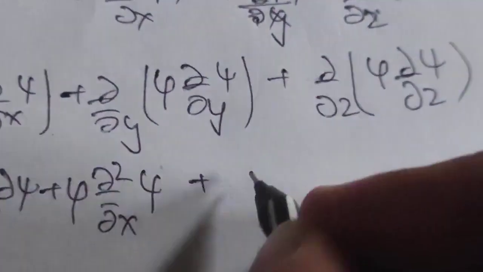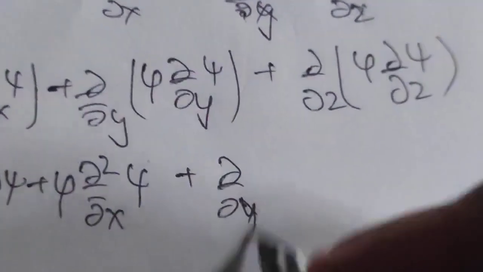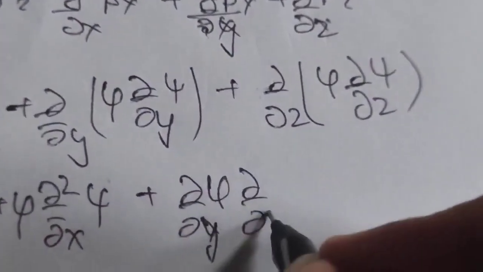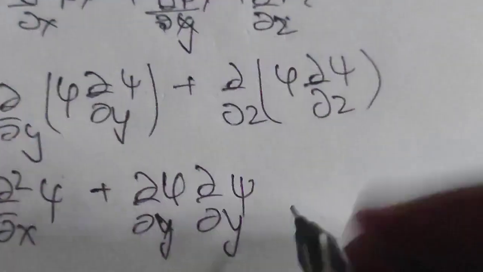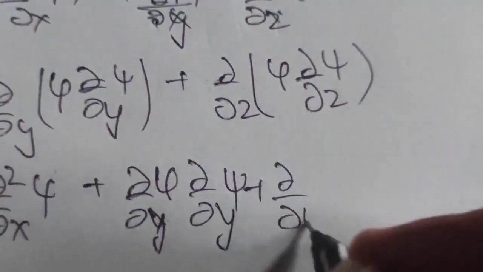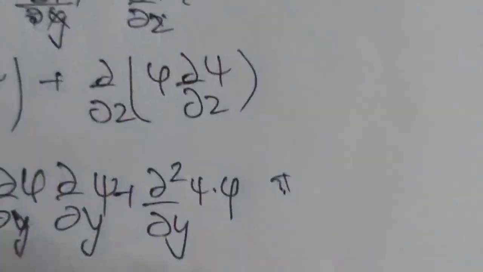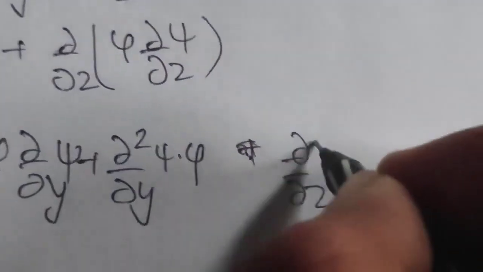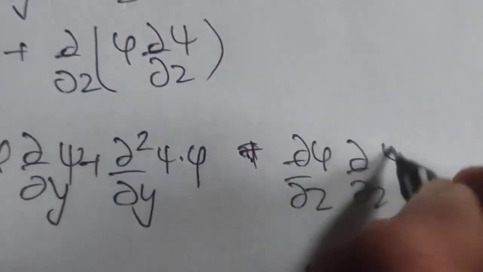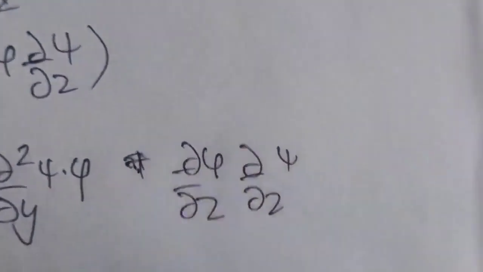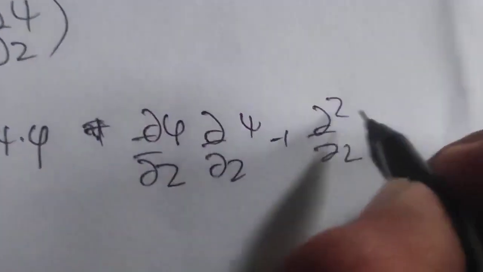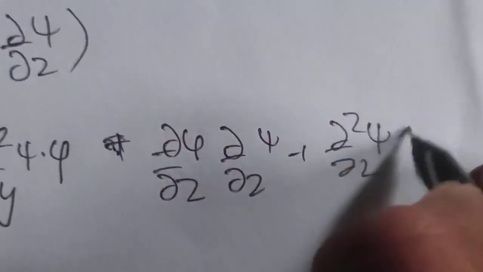The same chain rule is applicable to the other terms; we talked about it in the vector calculus video. So it also becomes del phi upon del y into del psi upon del y plus phi del squared psi upon del y squared, and likewise for z, del phi upon del z into del psi upon del z plus phi del squared psi upon del z squared.